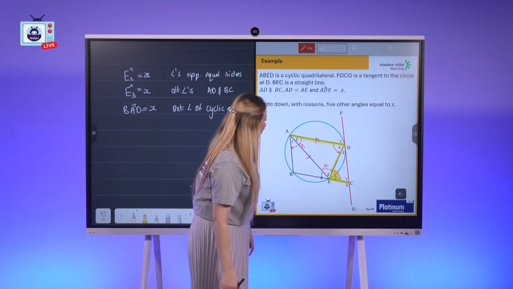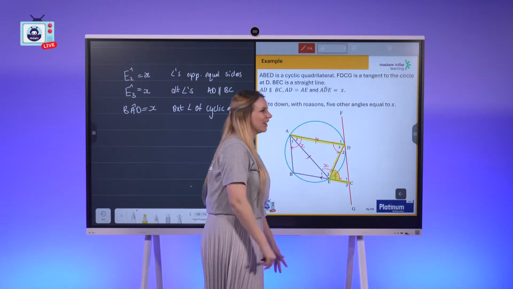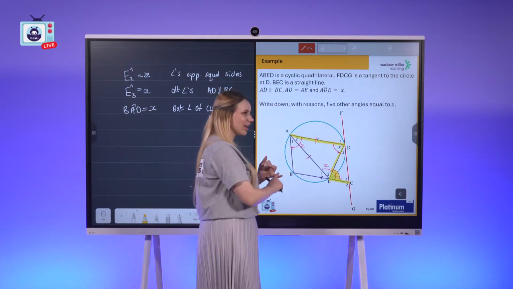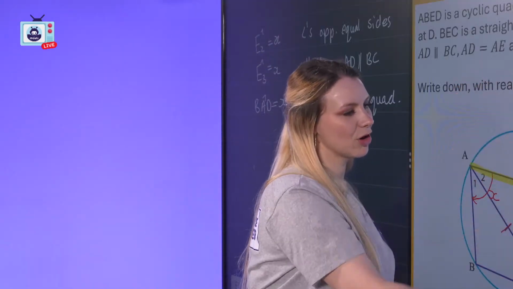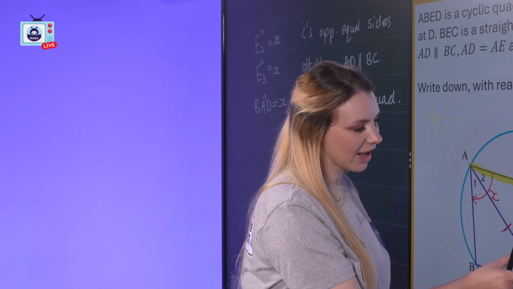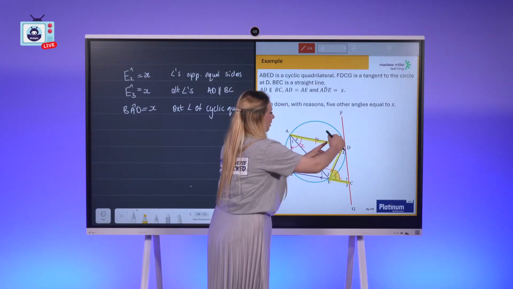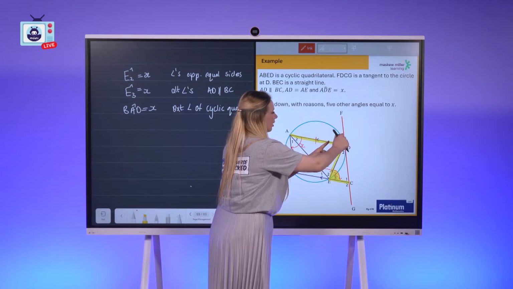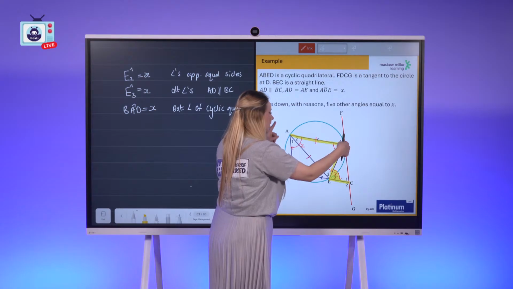Okay, let's see, can we see any more? I'm seeing the tangent. Why is the tangent there? Remember, Dr. Cape Town, we had our cyclic quads, we had our tangent, we had our parallel lines. What can we think of with regards to our tangent? I see this angle over here. I see D1 over there. Let's see what's happening. This angle, D1, is the angle between the tangent FC and the chord AD.